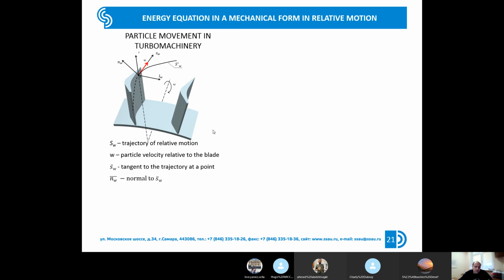Let's study the working process of a random turbomachinery. In the case of the Bernoulli equation it was really a random turbomachinery, a random blade row, and it was not important what kind of blade row we have: rotor wheel, guide vane or nozzle blade.